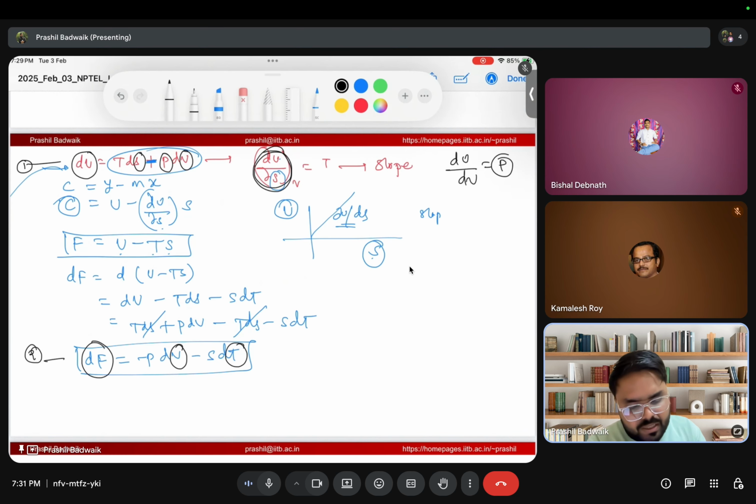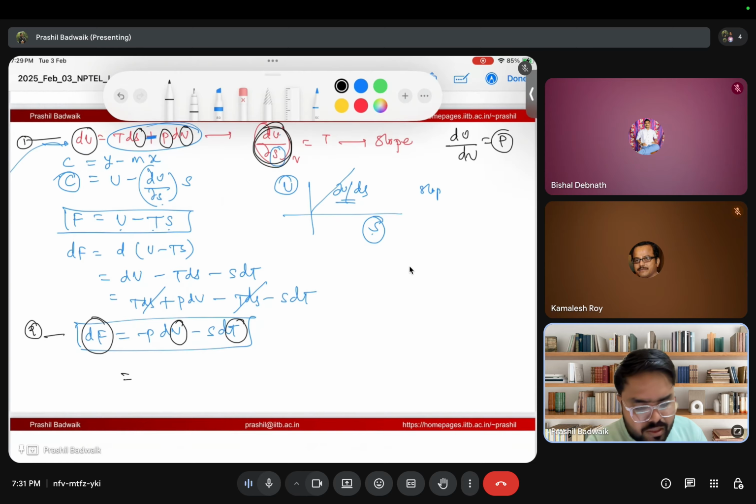And then you will get some quantity like minus of pdv, and you will get vdp minus sdt, and this you are going to get as dg.